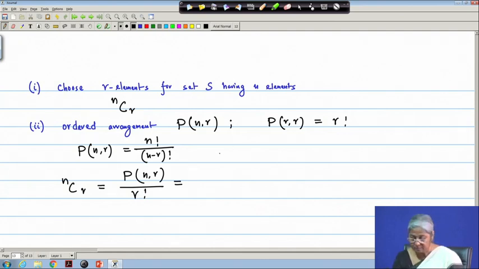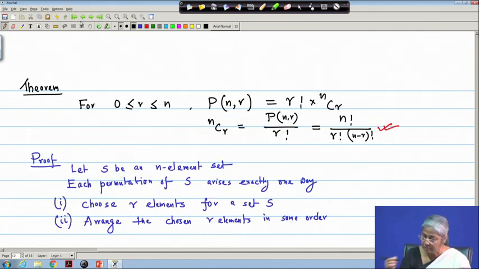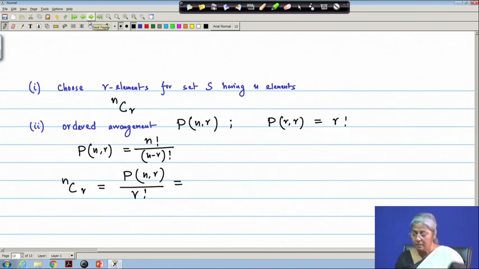Yes, I can write that NCR is PNR by R factorial.